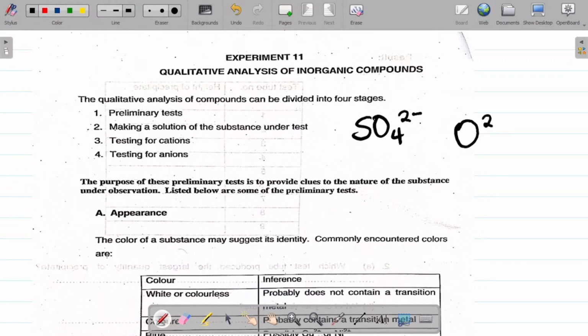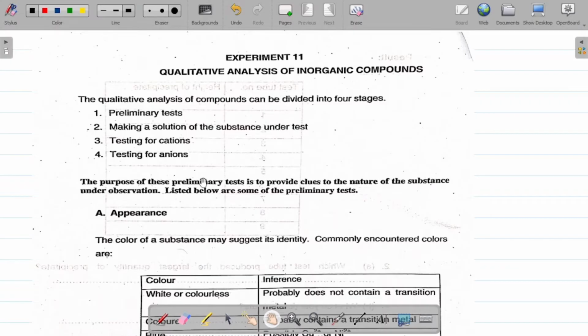Also, you have this one here, which is also an anion because it is negatively charged. So when you have a radical such as this, or an element that has a negative charge, it's called an anion. Simply put, cations are ions that have positive charges, while anions are ions that have negative charges.